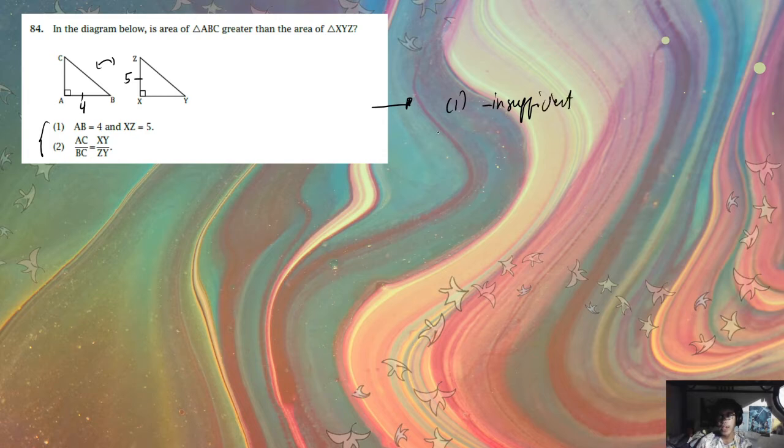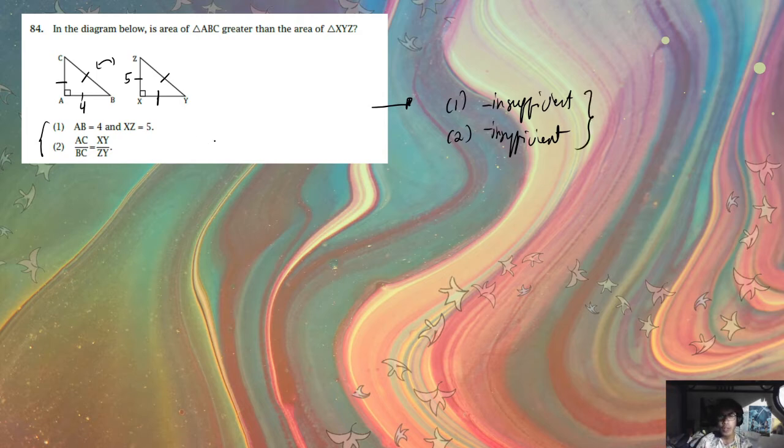And if we're only going to use the second one, it says here that AC over BC is equal to XY over ZY. The arguments themselves are good, but if they just stand on their own without interacting with the first argument, this would be insufficient evidence as well.